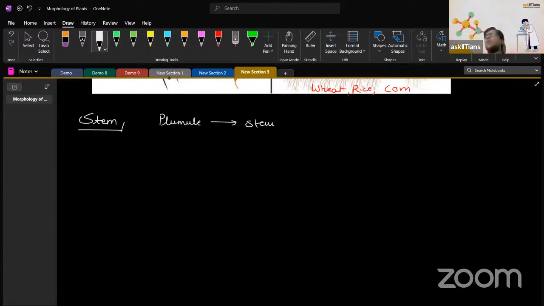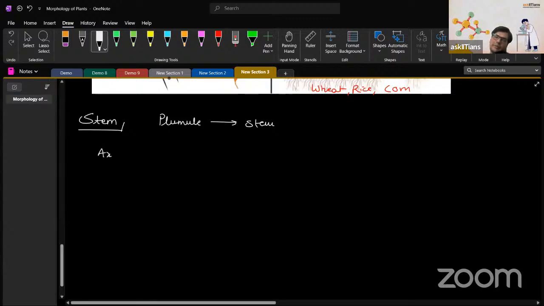So if I have to define stem, how would I define that? Basically, a stem is the axis of the plant that bears, basically contains, the branches first of all, because the stem divides into branches.